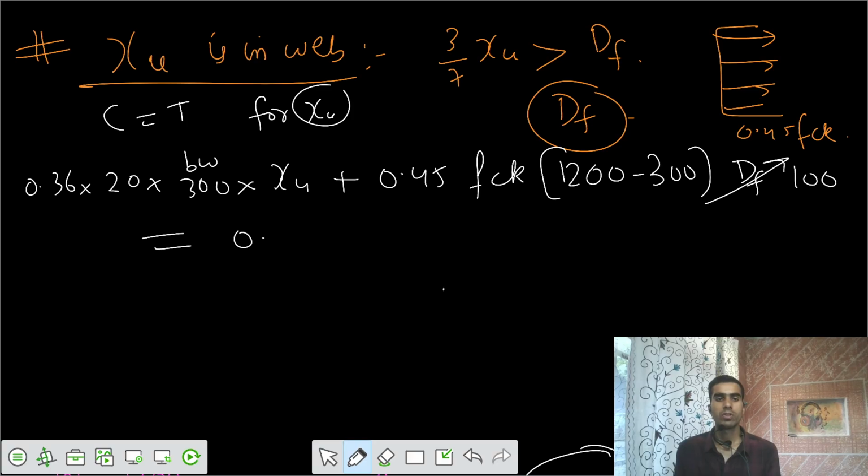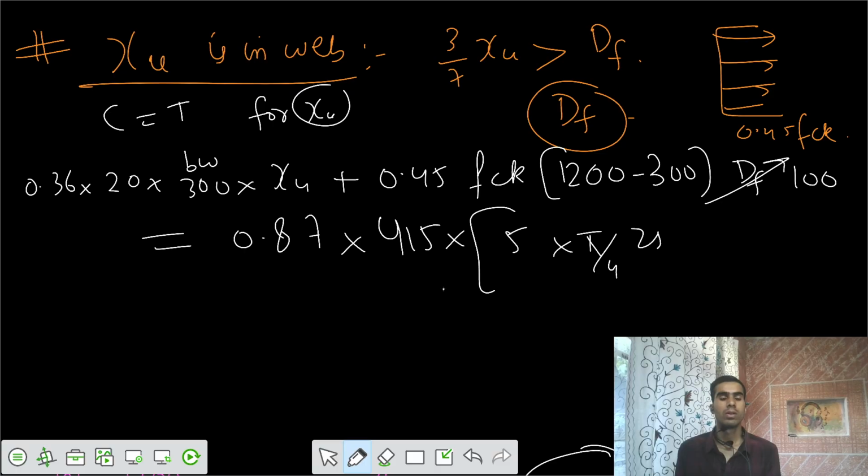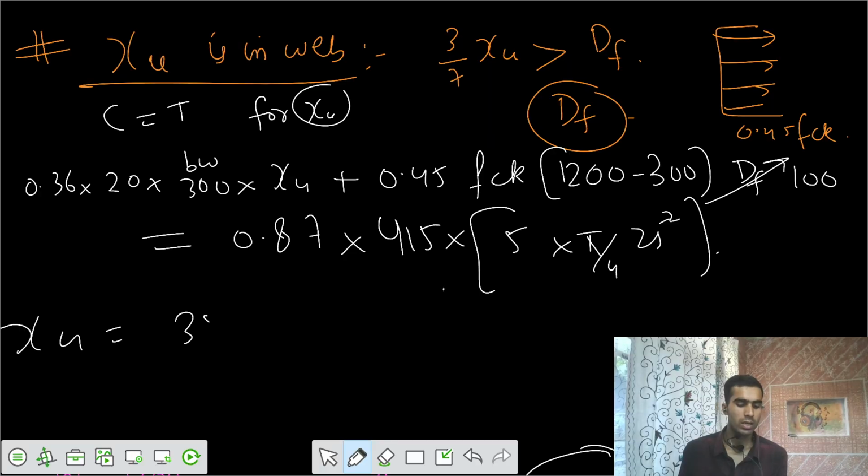And that should be equal to 0.87 fy Ast, 5 bars of pi by 4 into 25 square, and your xu comes out to be equal to 35.36 millimeters.